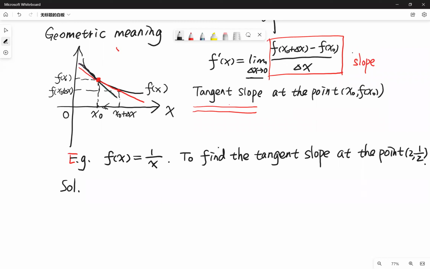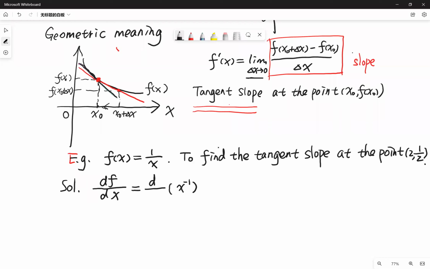First, we get the differential of this function: df by dx is equal to d by dx of 1 by x, so we can also write this as x to the power of minus 1.